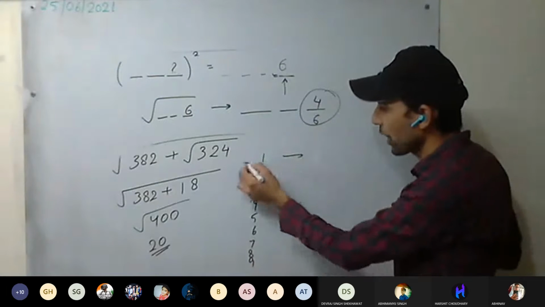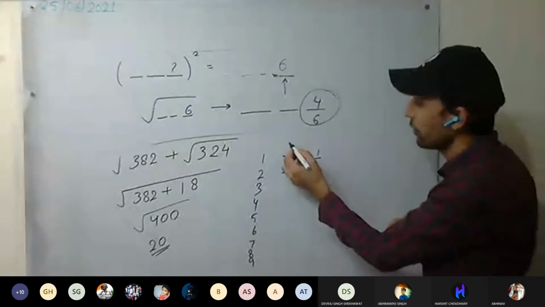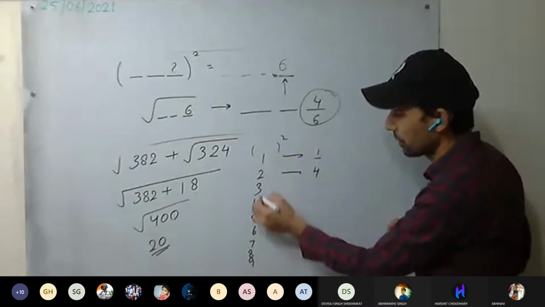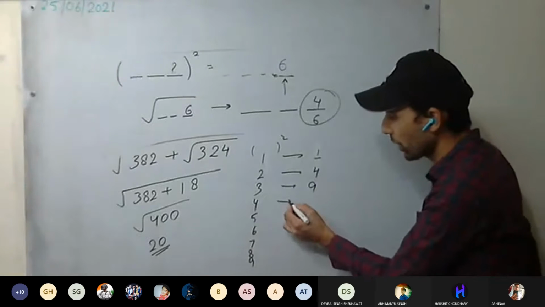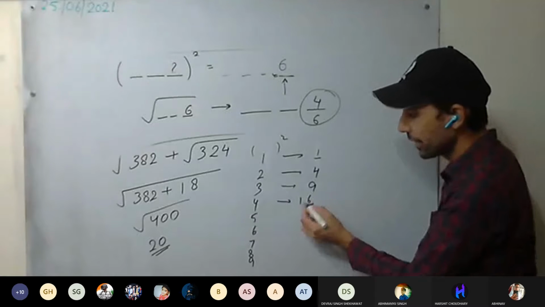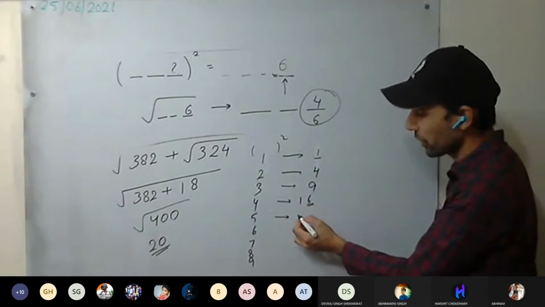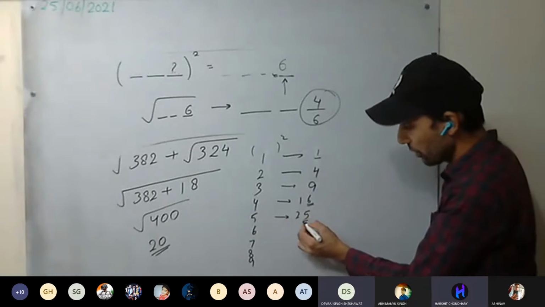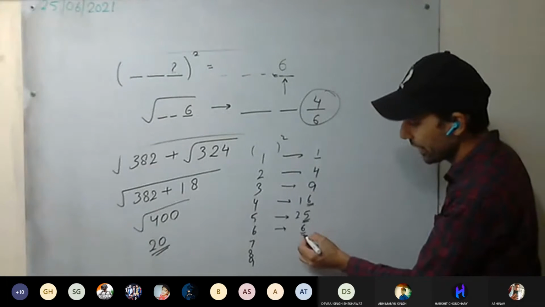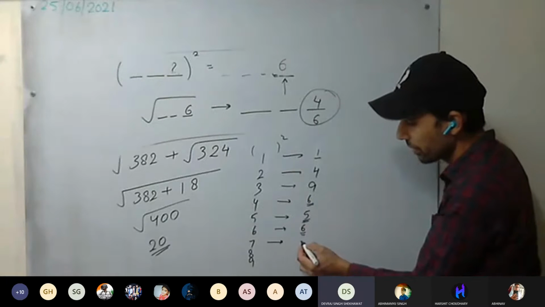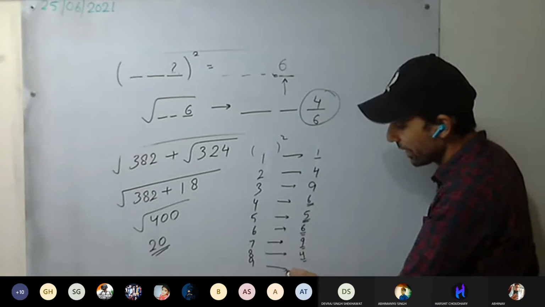If we square those, what are we getting? 1 squared, unit digit will be 1. 2 squared, unit digit will be 4. 3 squared, unit digit will be 9. 4 squared is 16, unit digit 6. 5 squared is 25, 5 in the unit digit. 6 squared is 36, 6 in the unit digit. 7 squared gives 9. 8 squared gives 4. 9 squared gives 1.